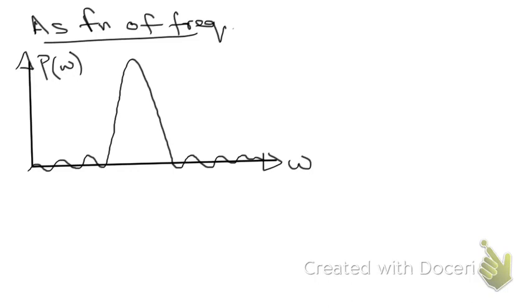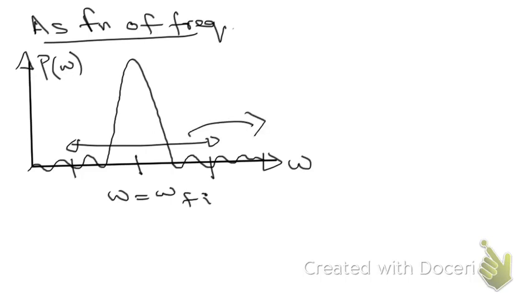The peak is where omega is equal to omega_fi, and the width of the peak is equal to 4 pi over t.